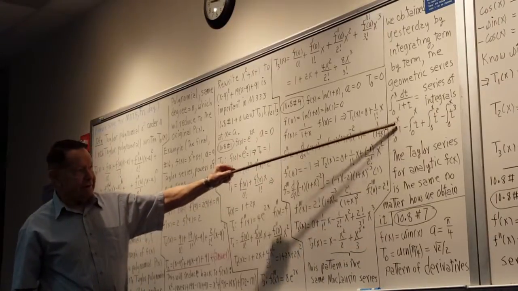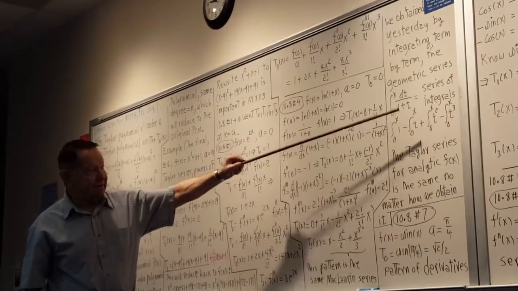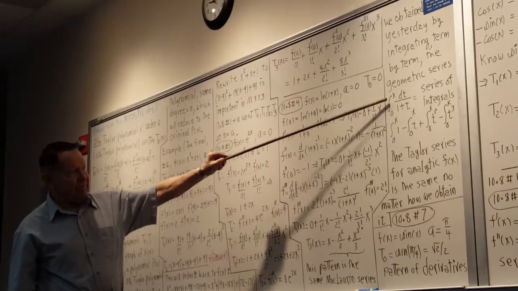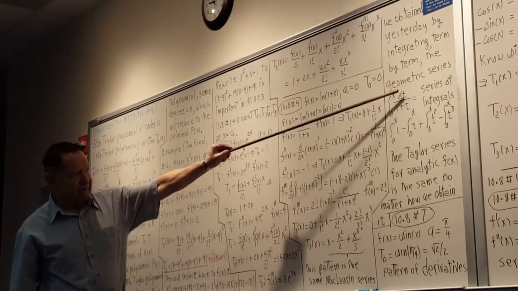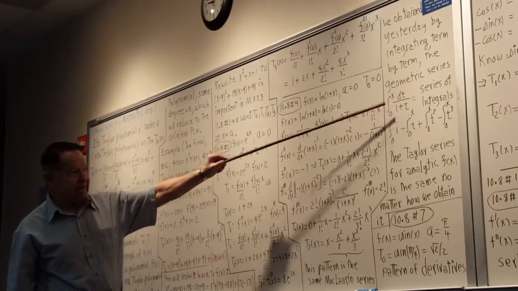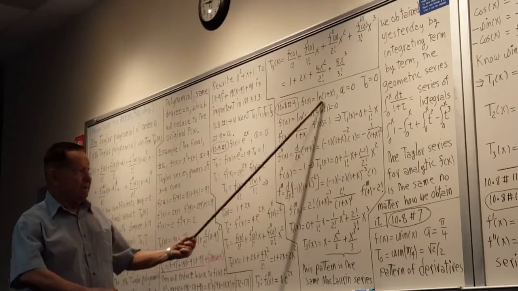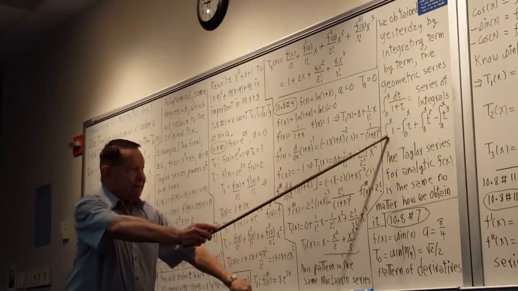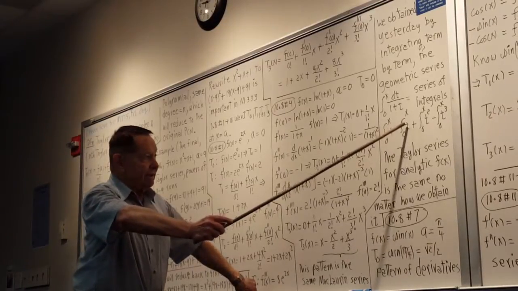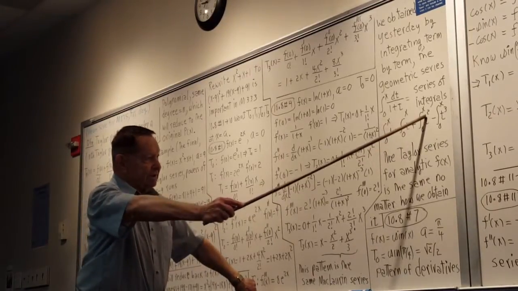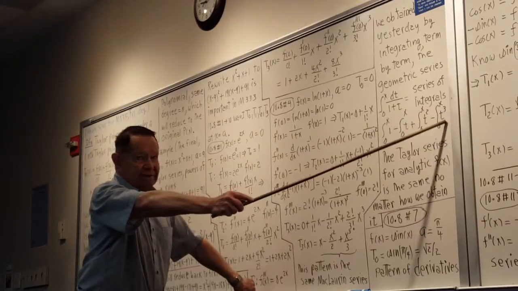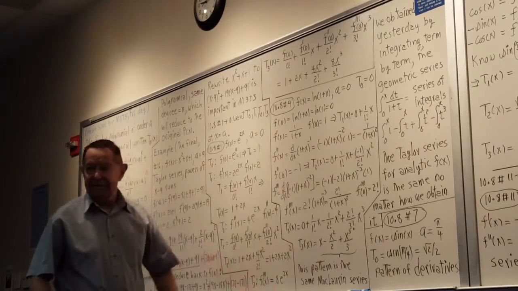And then we integrated those from 0 to x, and integrated what they equaled, which was the 1 over 1 plus t. So this gave us the log of 1 plus x, and this gives you x minus x squared over 2 plus x cubed over 3 minus x fourth over 4.